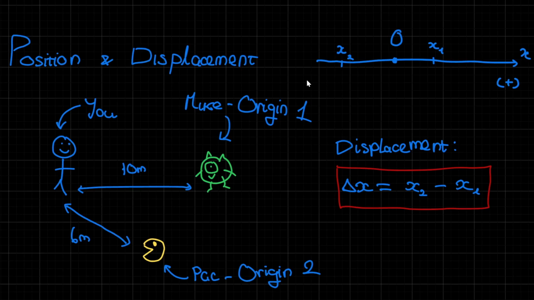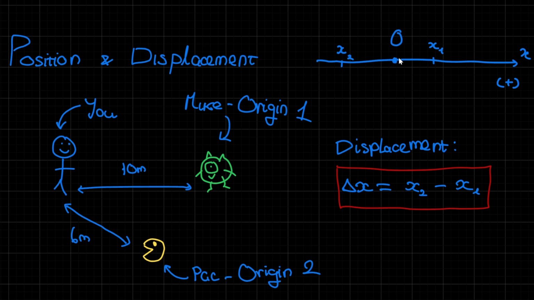For one dimension, we often describe our position on a straight axis like this. One thing to notice is that there's an arrow, and that is designed for the positive way.